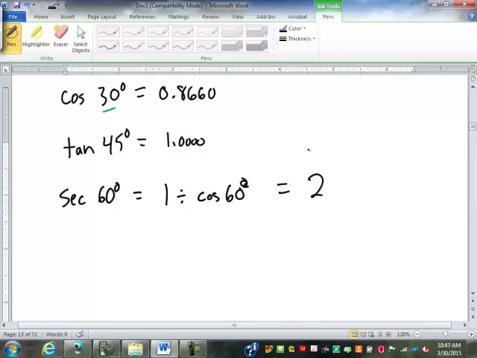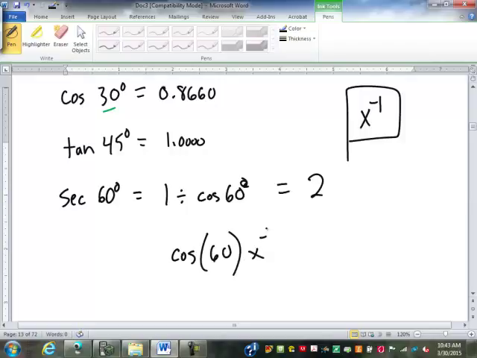Or most of your calculators have a key that looks like this, x negative 1. So what you could have done is this. Cosine 60, close the parentheses, and then hit that x negative 1 key. That should also give you the 2. What's that? If you have the cosine negative 1 button, that's inverse cosine. That's something totally different. We're actually going to get to that in about 5 minutes.